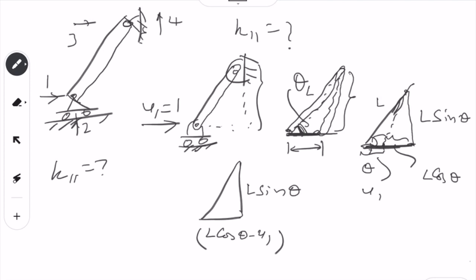We will have the new L here, okay, and so what is this new L?